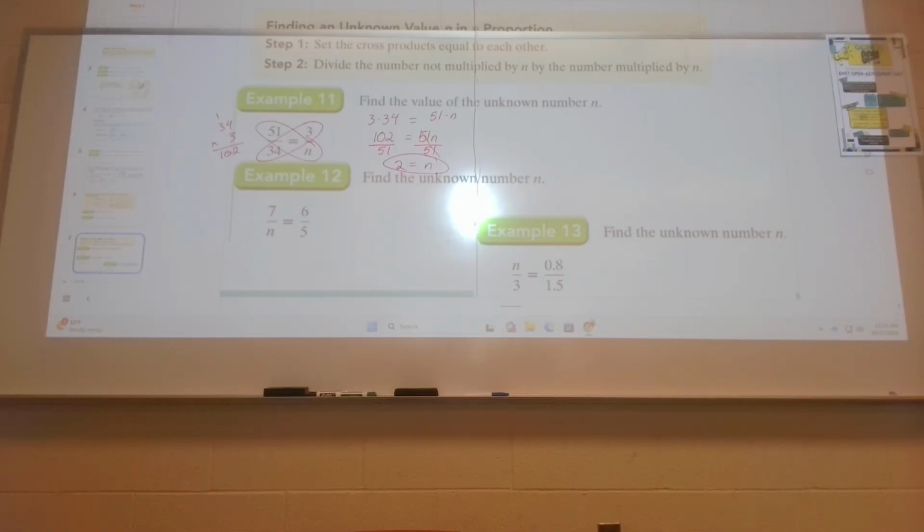You should be fine to leave it as a fraction. You're going to notice a lot of stuff in fractions.